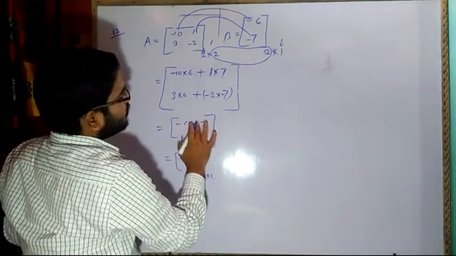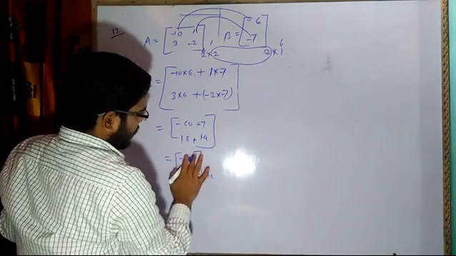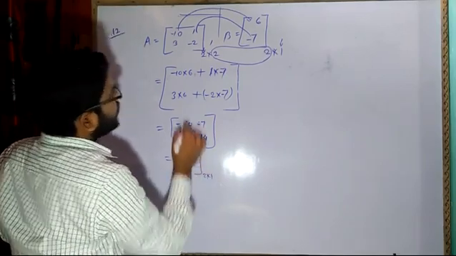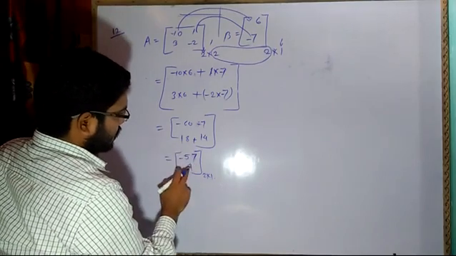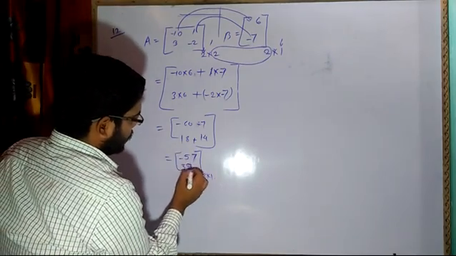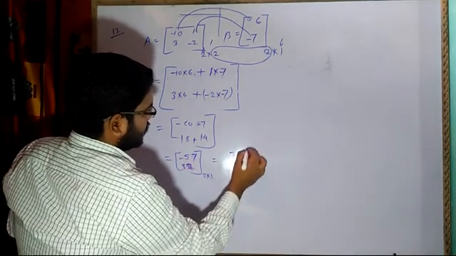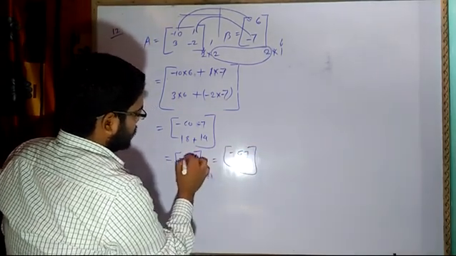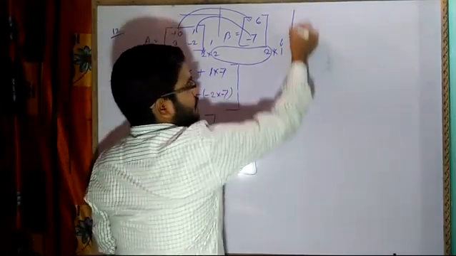So here again I will be having minus 7. It will become minus 57 and then 3, 6, 18. 2 7s are 14 plus 14, 18 plus 14, 32. So your answer will be minus 67 upon 32. Now one more doubt, one more question we will solve, then it will be more clear.